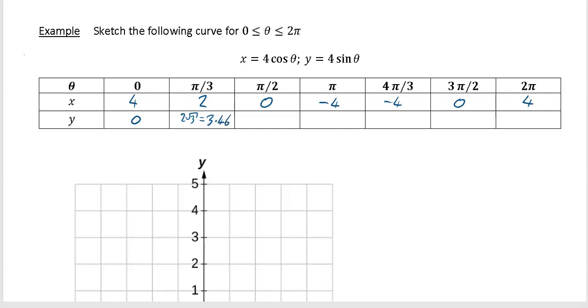And this next one is going to be 4 times sine of pi over 2, which is going to be 4. The next one, I'm just going to rattle through these, that's going to be 0. The next one is going to be the same as the earlier one, minus 2 root 3, so minus 3.46, and then minus 4 and 0. So we've got all of our x ordinates, and the corresponding y ordinates.